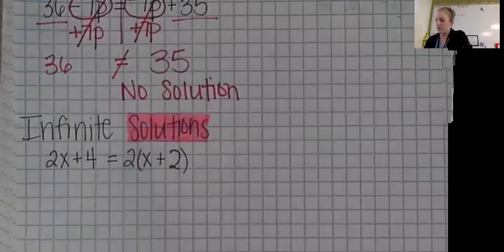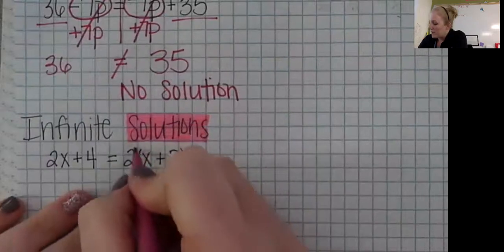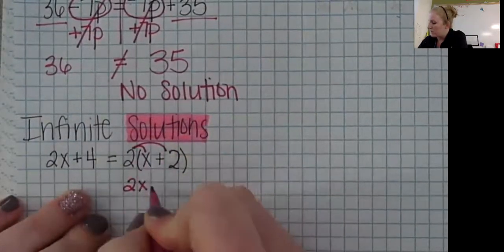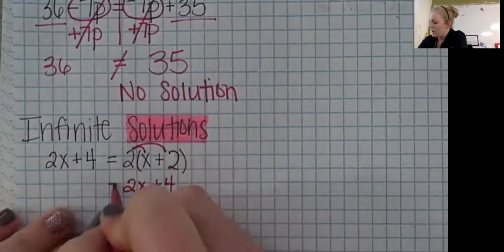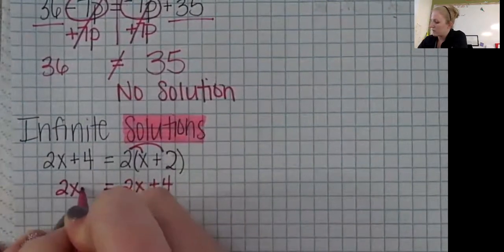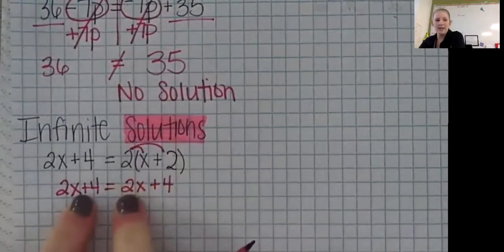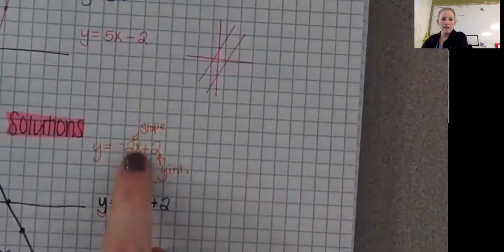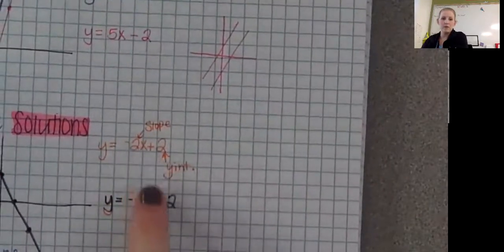Okay, infinite solutions, last one. We're going to distribute that in. So it'd be 2x, 2 times 2 is 4, equals 2x plus 4. Notice these are exactly the same, kind of like these two were. The variables are the same and the numbers at the end are the same.